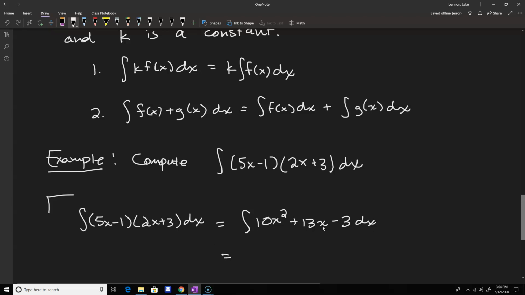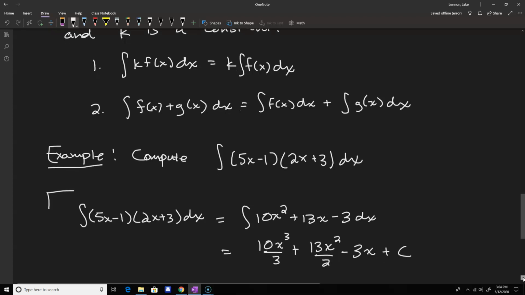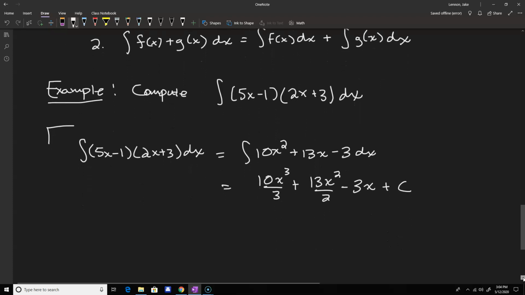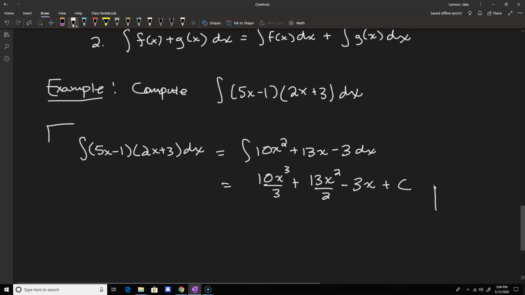For each one, we're just using the power rule. So we'd have 10x cubed over 3 plus 13x squared over 2 minus 3x plus our constant for the family of antiderivatives. And there you have it. So from there, you can see that you can find the antiderivative of any polynomial pretty easily.